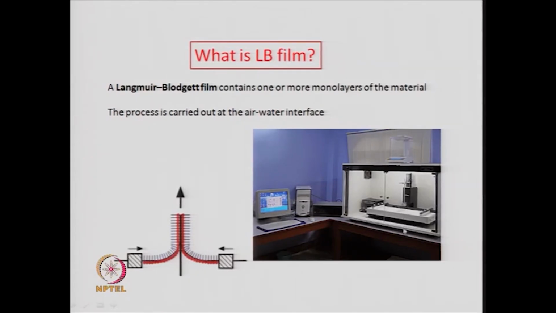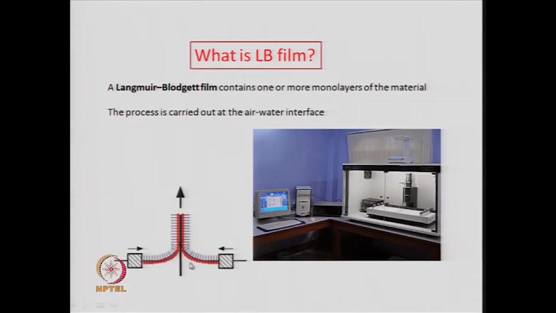So, this is basically the LB trough, and the process which occurs is that you are moving these barriers, 1 and 2. They are here on two extremes, and you are pulling the barriers inside from both directions, and the water has got these molecules on top of it.